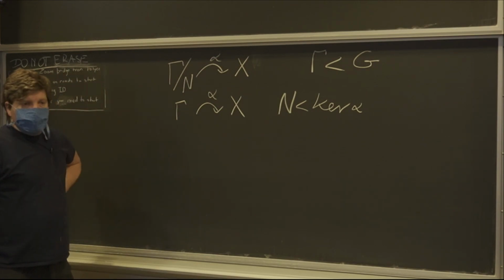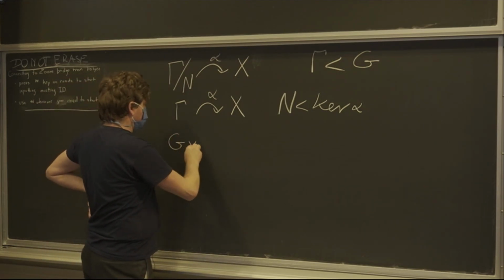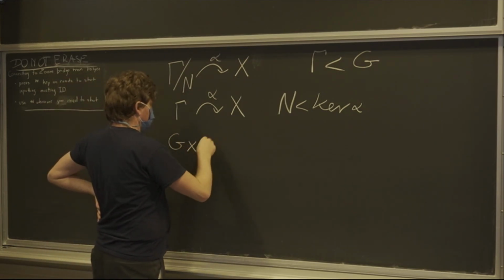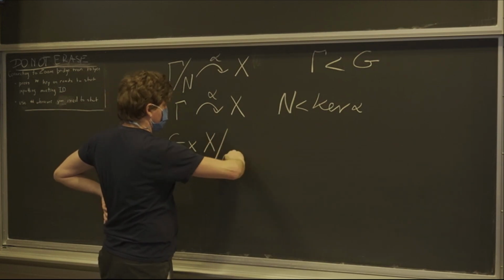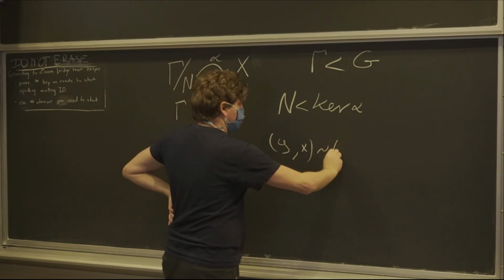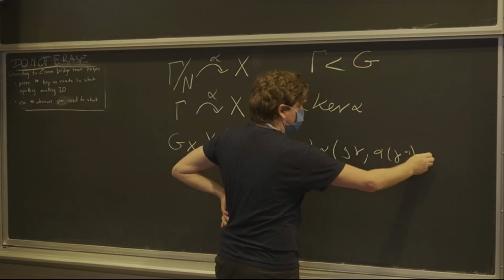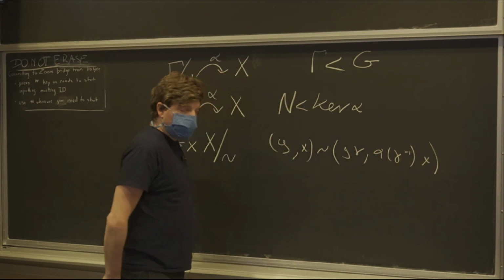And then we do this suspension construction, which is G times x quotient by the relation where we relate (g, x) with (g gamma, alpha(gamma inverse) x).